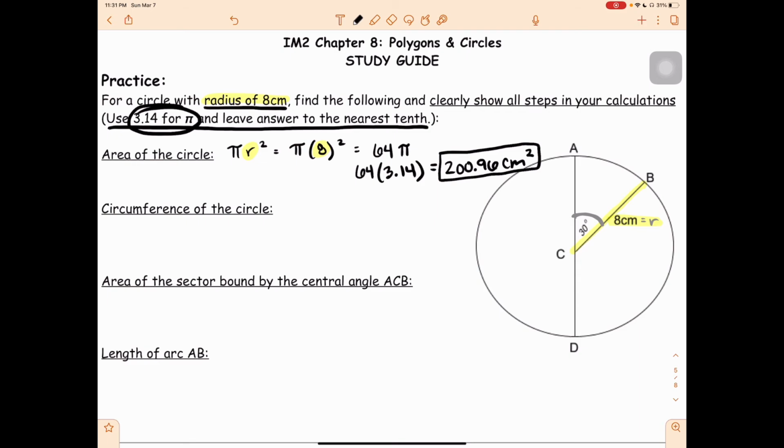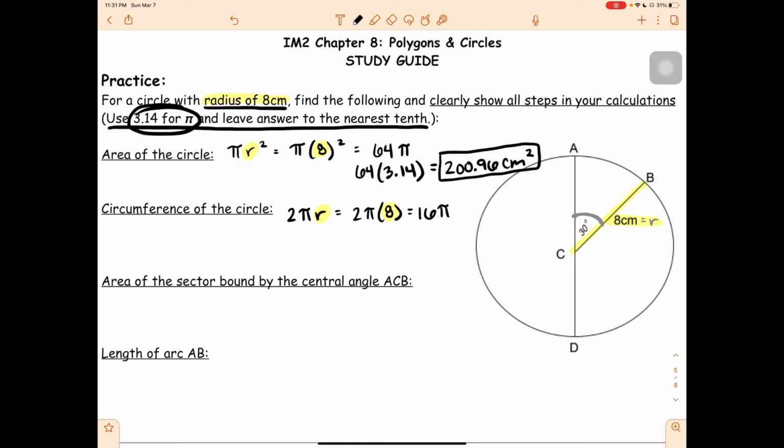So now the circumference of the circle, that is basically just the perimeter around the edge. The circumference formula is 2 pi r, and we know that the radius is 8, so it's going to be 2 pi times 8. Okay, so we have 2 times 8 is 16. We still have the pi.